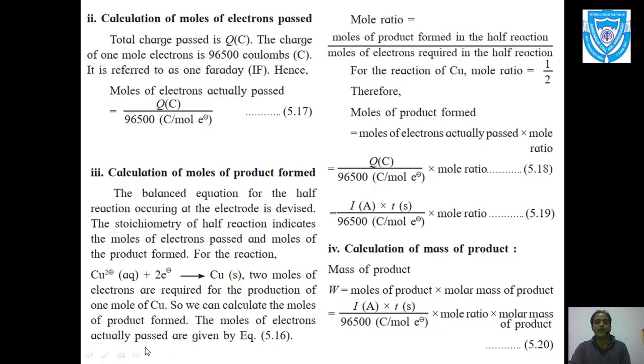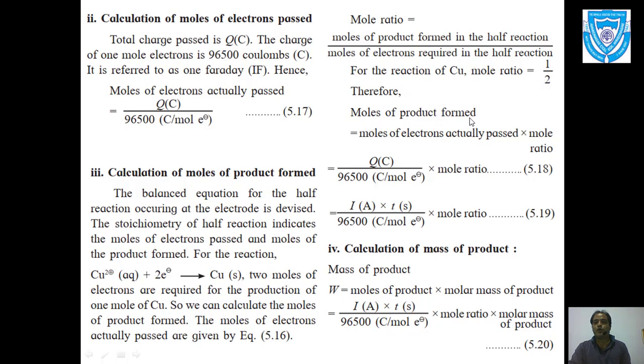The moles of electrons actually passed is given by equation 5.16. The mole ratio is equal to the moles of product formed in the half reaction divided by the moles of electrons required in the half reaction. In this case of copper, the mole ratio is equal to 1 divided by 2.